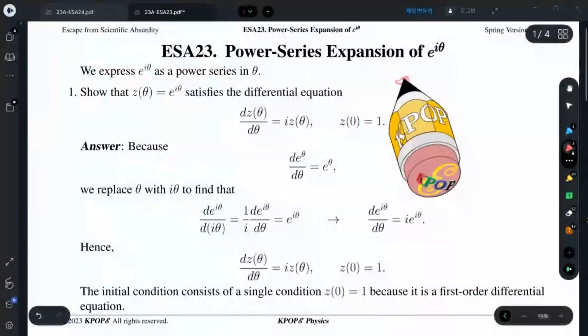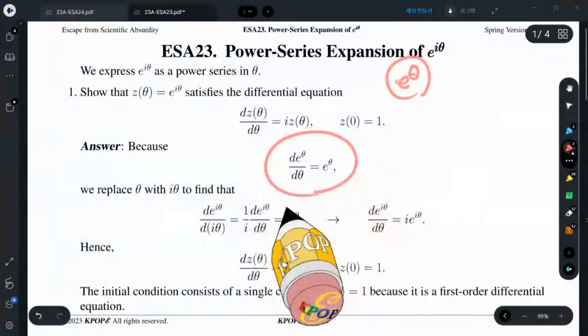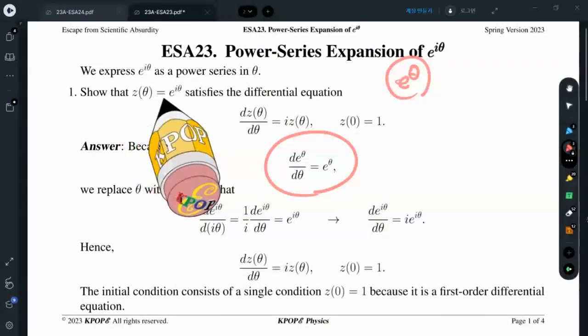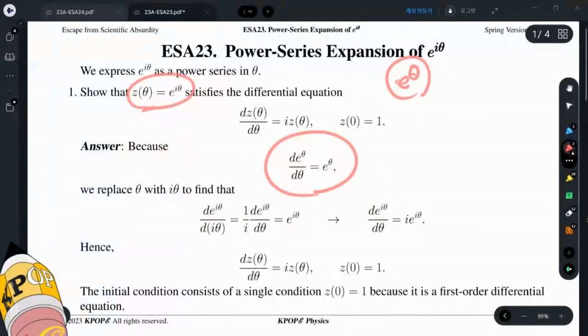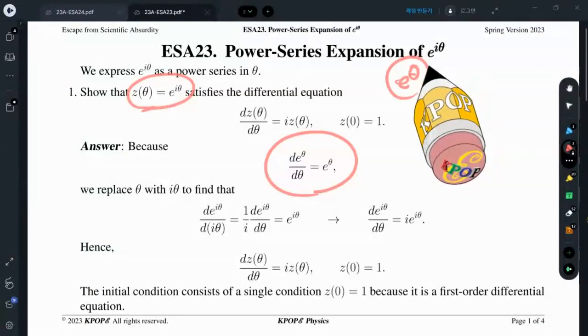We know the exponential function has a derivative that is itself. And we'd like to find the derivative of the exponential of i theta. This can be obtained by the chain rule.